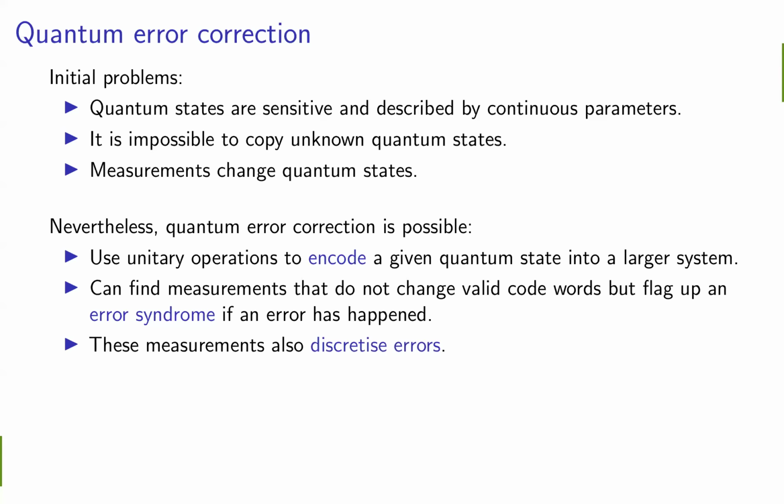Wait, so this error correction, that assumes that you expect what the result is going to be. What if I've never done a calculation that is actually going to flip one of my states? You don't need to know the answer of your calculation. What you just need to know is the way that you've encoded your initial data into some larger system, and basically the types of measurements that you expect.